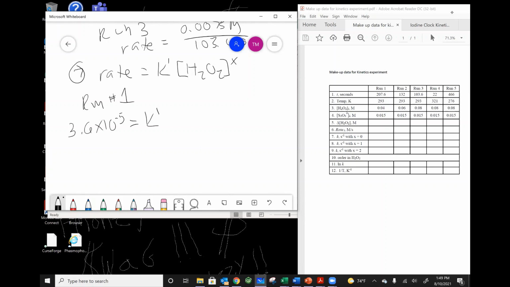The concentration we're using is not the change in concentration, but the total concentration available, so we want to use row 3. In this case, it would be 0.04 molar to the power of X. For row 7, we're setting X as 0. When something is put to the power of 0, it equals 1.